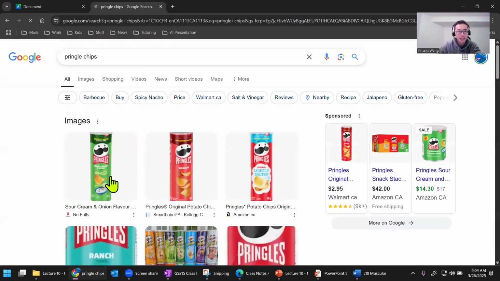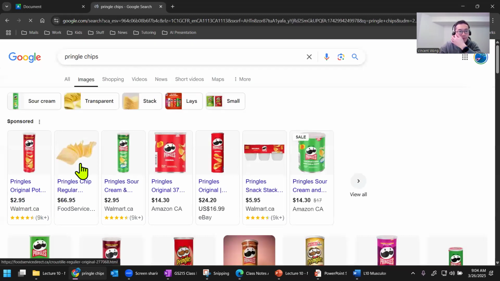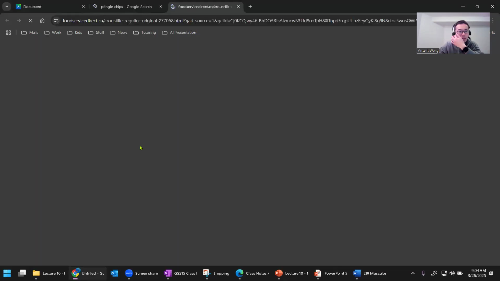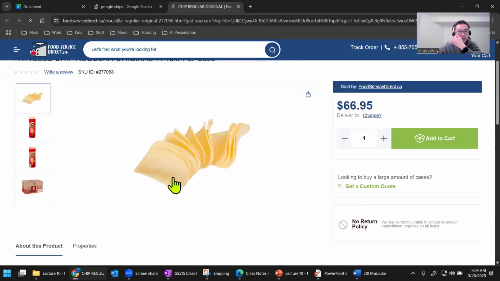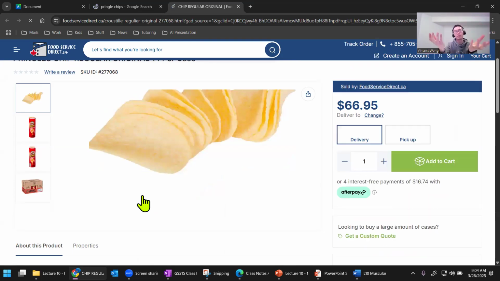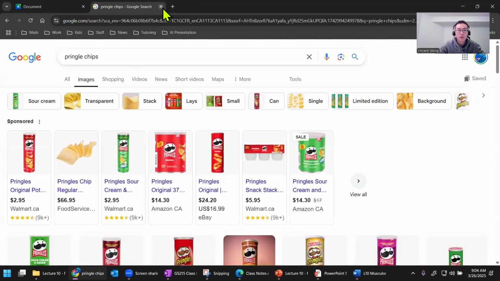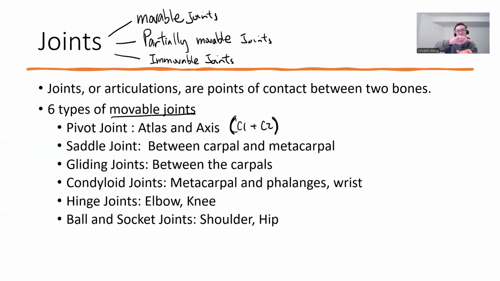This one, you can see the shape of it. It's like the horse saddle as well. If you take two chips, flip one and put it on top, then you have a saddle joint. It allows motion in one plane like this, and then in another plane like that, but not full rotation.